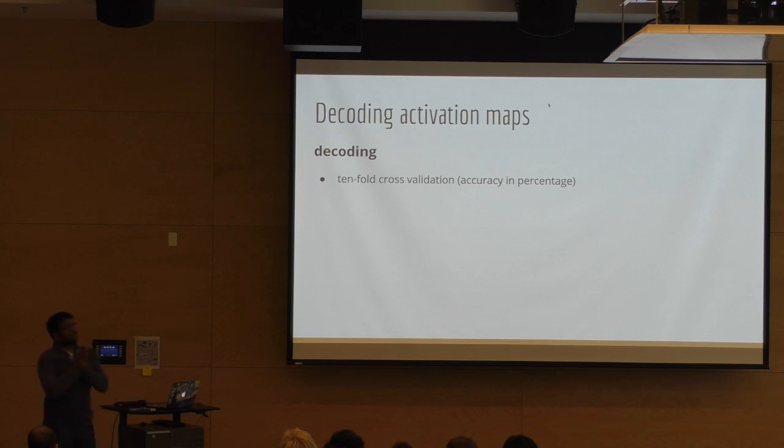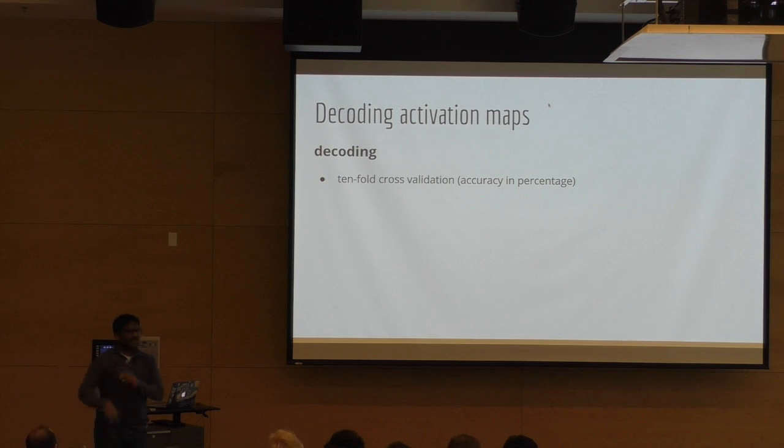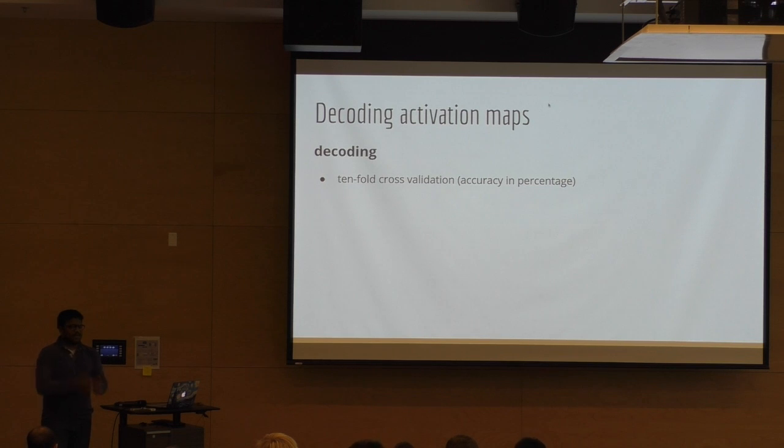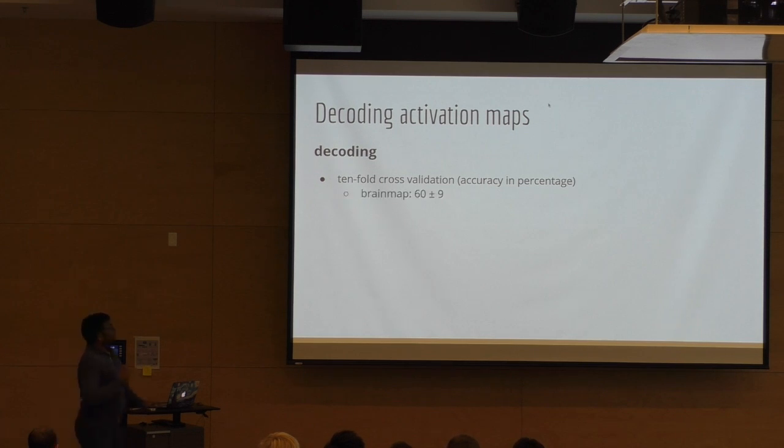We first took either the BrainMap dataset or the NeuroSynth dataset, and we did a tenfold cross-validation to see if a support vector classifier trained on 90% of BrainMap data can predict the classes from the remaining 10% of BrainMap data, and you loop this across all the data. Remember there are 4 classes, so the chance accuracy is 25%.